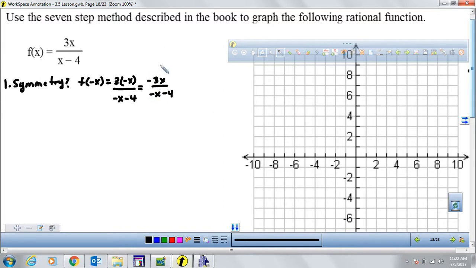So this one automatically has no symmetry, because for an origin symmetry, only either the numerator or the denominator must change all of its signs. And for y-axis symmetry, it must stay the same as the original function f of x. So right here we're going to say that there is no symmetry in this function. Let me write it on the side so I can have more space. So this function has no symmetry.